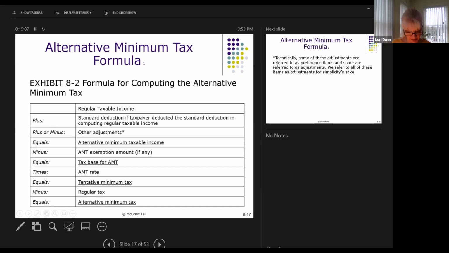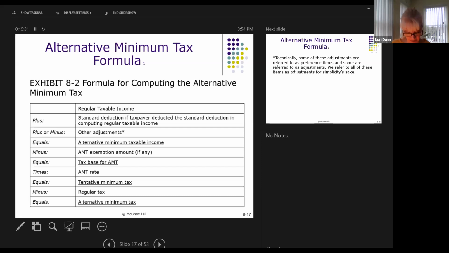So that means the difference, or $81,550, will use the AMT rates, which say if your tax base is less than $197,900, multiply the tax base by 26%.